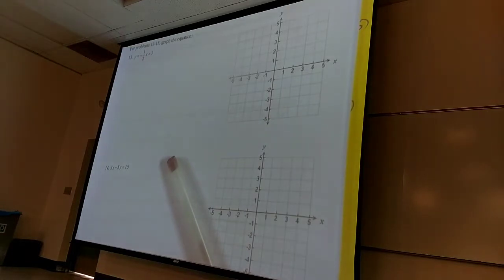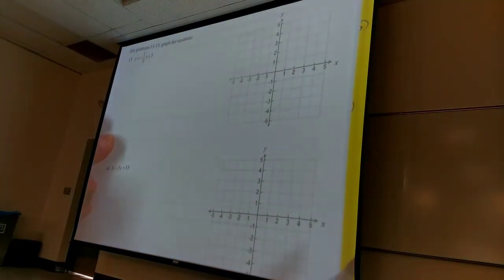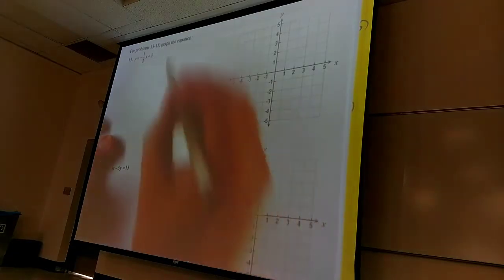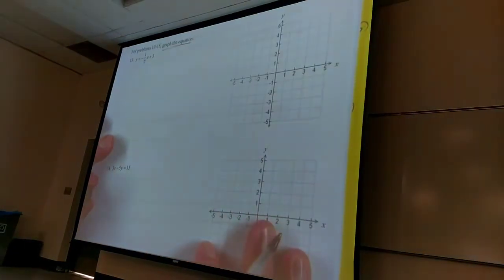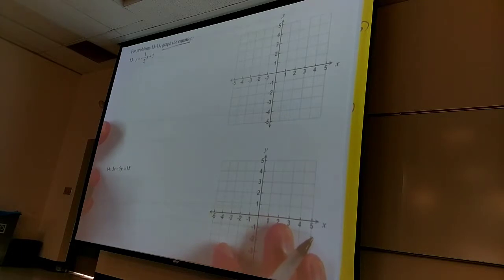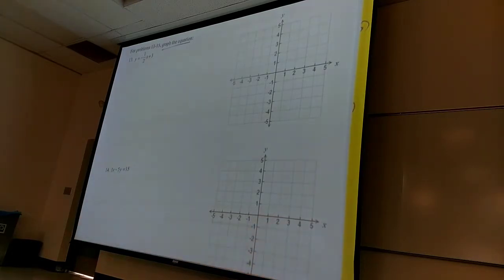Please understand, am I saying that if you do make an XY table for this, I'll count you wrong? No. If I say graph the equation, you can do it any of those three ways. Now, what do you think I'm going to do, though?